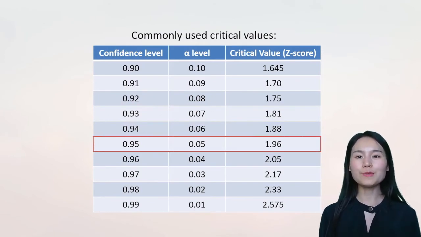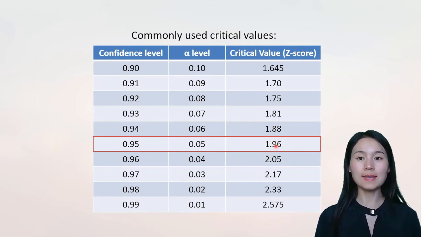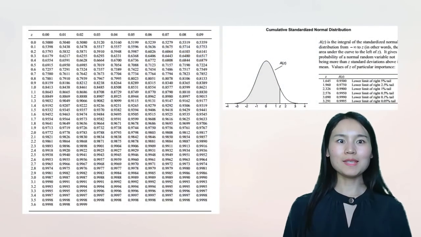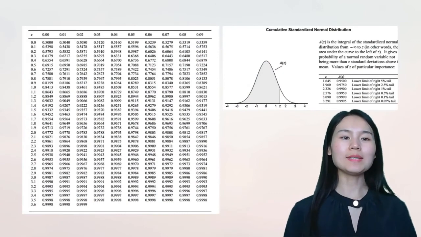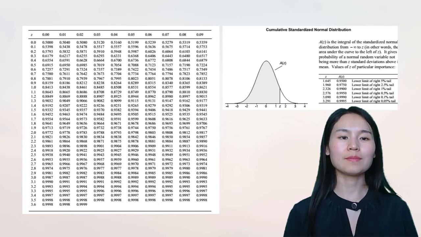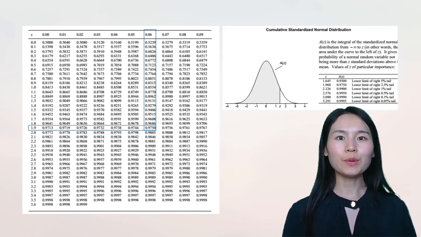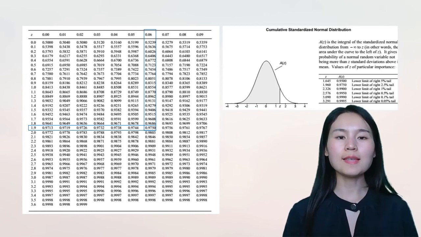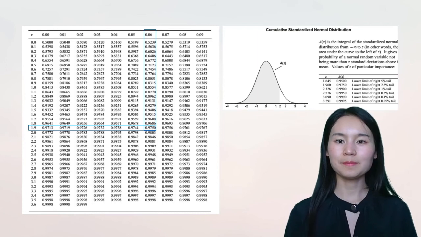Therefore, the commonly used critical value equals 1.96. Now we can look up this table. Z equal to 1.96. We can look up this value, which is 0.9750, and this is this area.